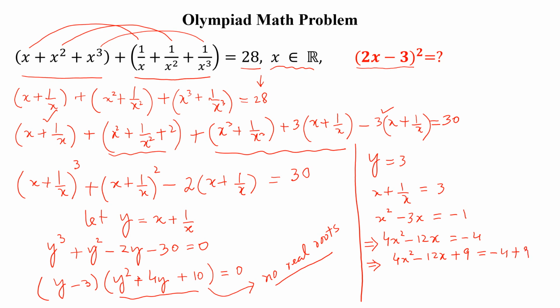Now this will be equal to (2x minus 3) whole square, and minus 4 plus 9 equal to 5. So the value of (2x minus 3) whole square is equal to 5, and this is the required answer.